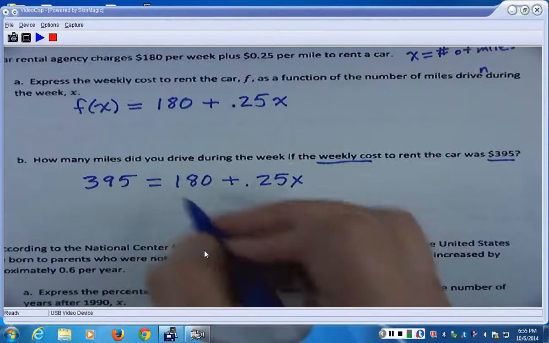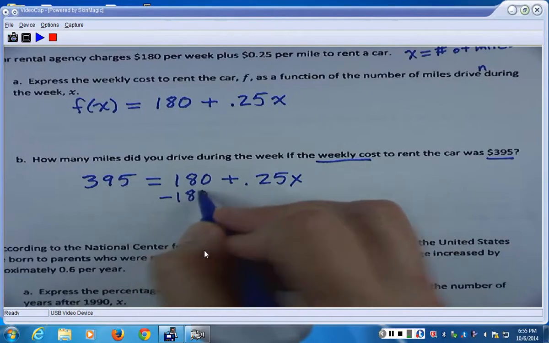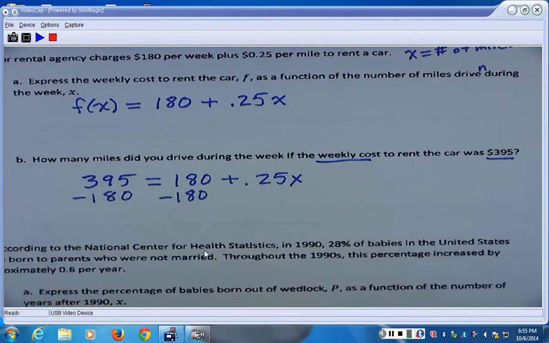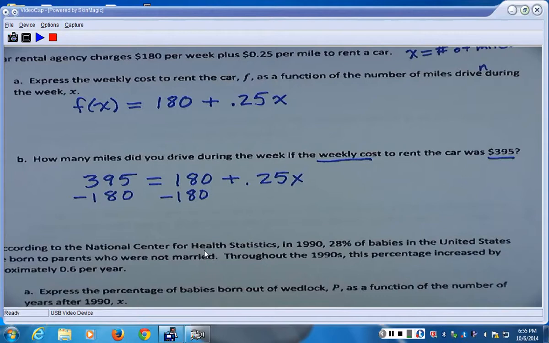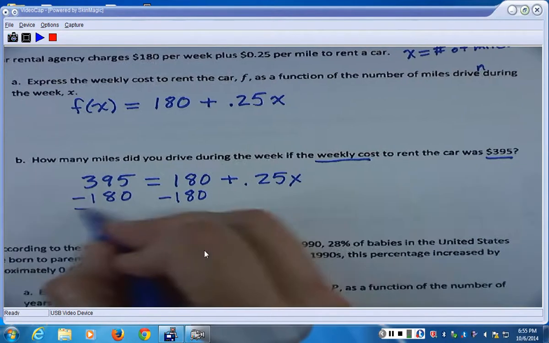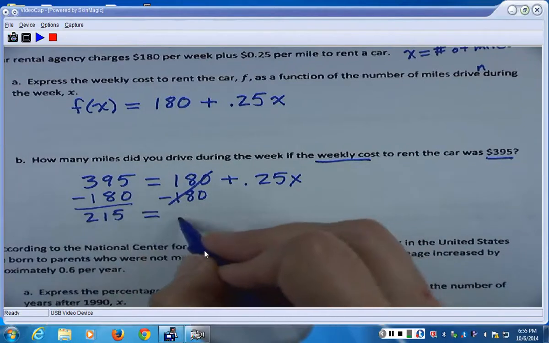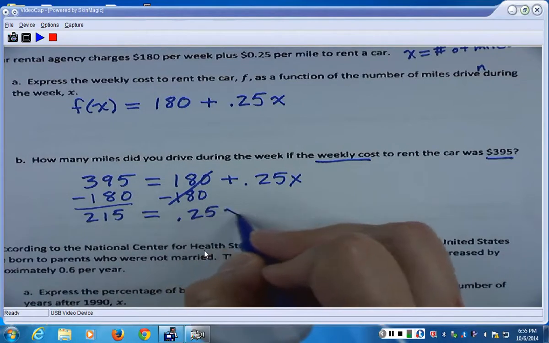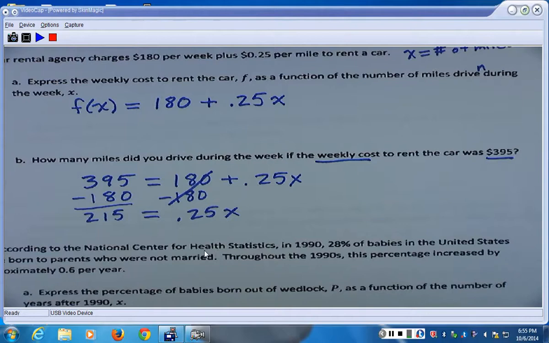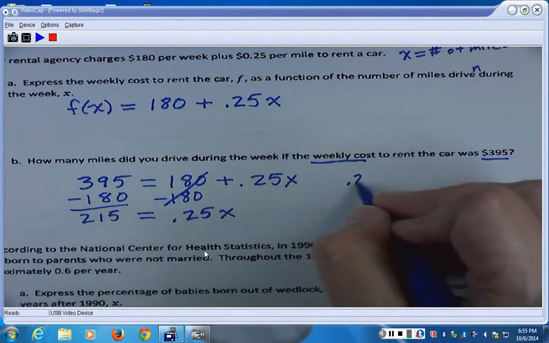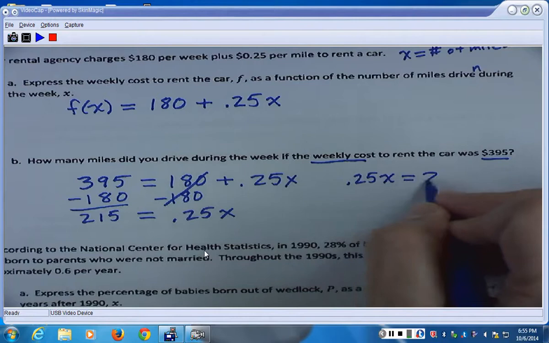Subtract the 180, we're solving for x. When you subtract that, you get 215 equals 0.25x. Now you want to get x by itself. I'm just going to rewrite it up here. 0.25x equals 215.